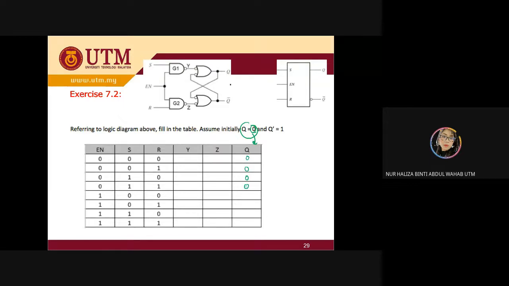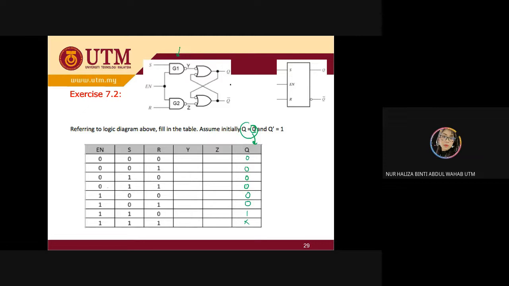And for 0, 1, no change. And then for your 0, 1, it will be reset. And then 1, 1 is invalid. So that is on your Q. And how about your Y and Z? This one, of course, you can directly fill in the value.